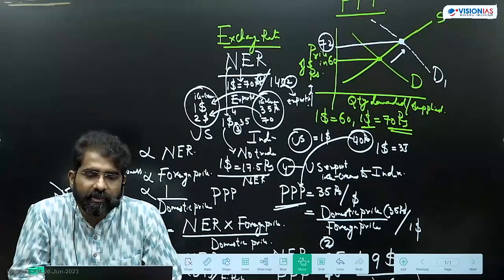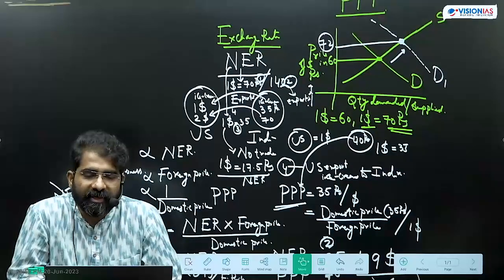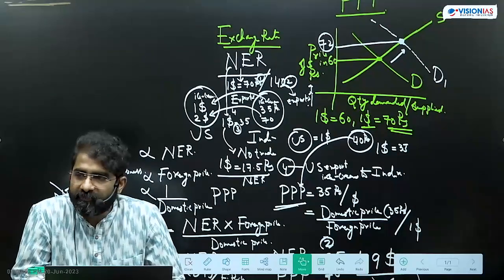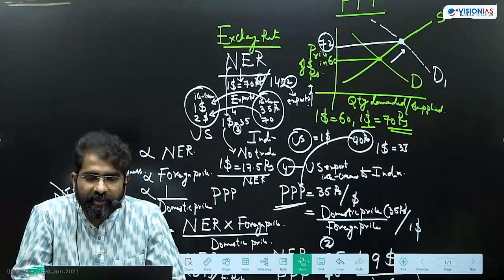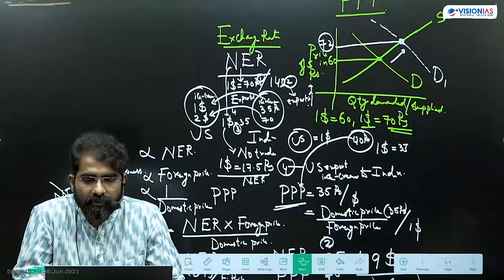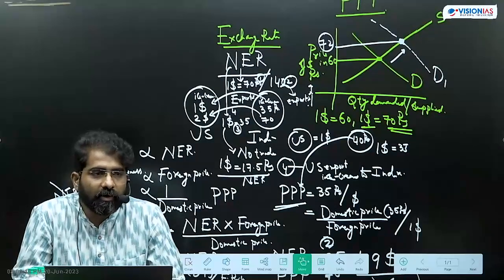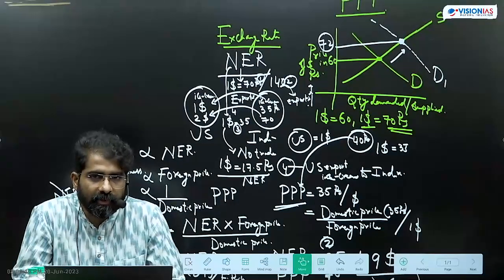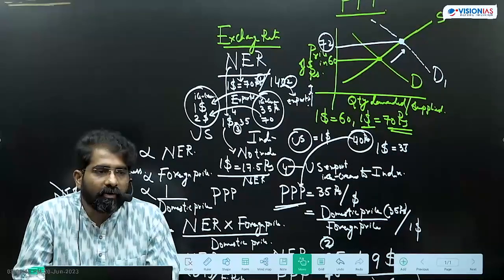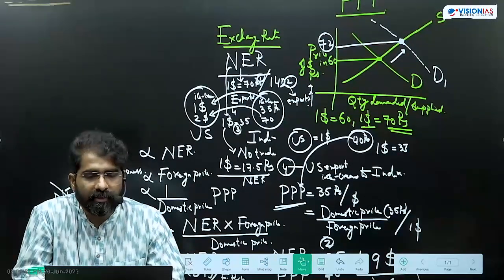It means the purchasing power of rupees 35 in India is equal to the purchasing power of $1 in US.